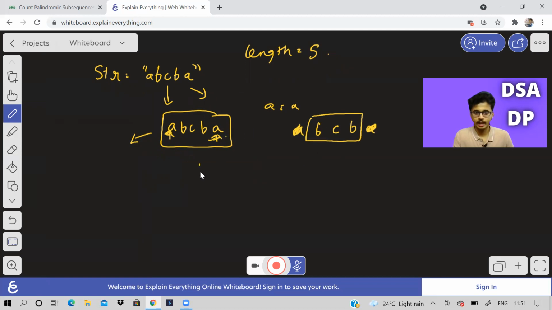Now you see that if I do B, C, B, I can either add A here, or I can add this A here, or I can leave it like that only. I won't add any of them, or I'll add only one of them.